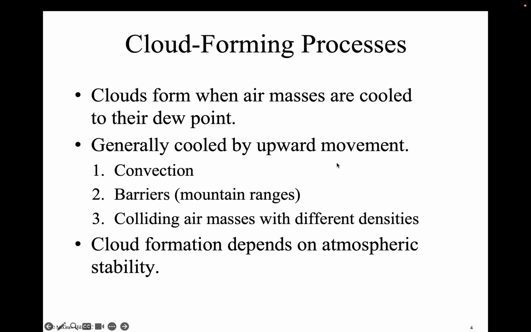So remember, we're going up, and as we're going up, temperature generally decreases to a point where the water might condense or even freeze. All right. So this upward movement is caused by three factors. Okay. So one of them is convection, and we discussed convection in the other class.